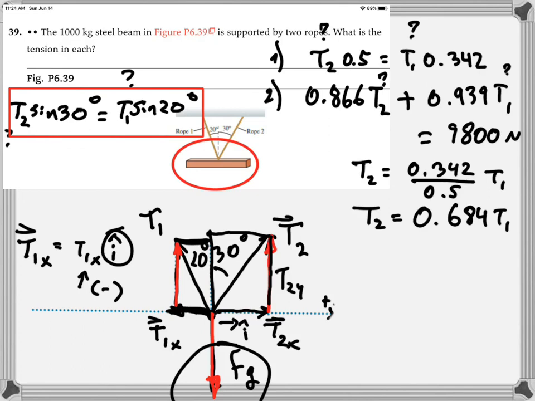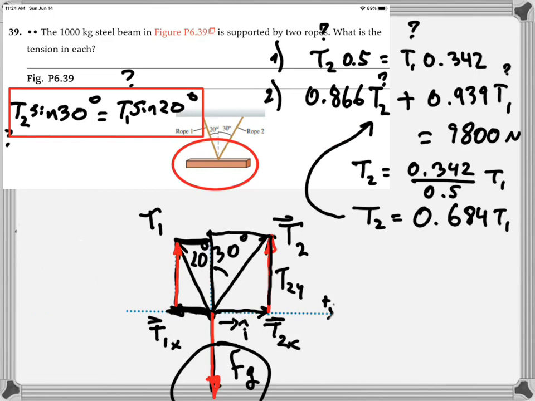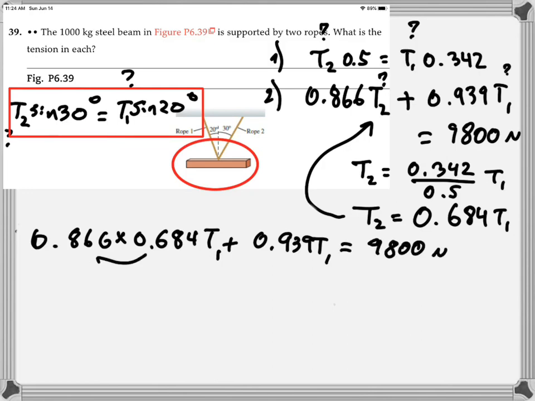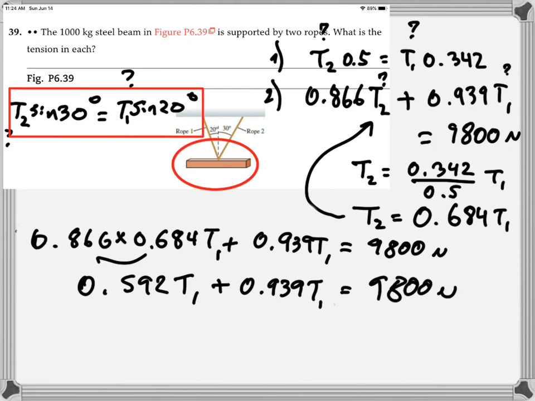And now we're going to substitute that value into equation number 2. So 0.866 times 0.684 times T1 plus 0.939 T1 equals 9800. That multiplication gives us 0.592 T1 plus 0.939 T1 equals 9800.